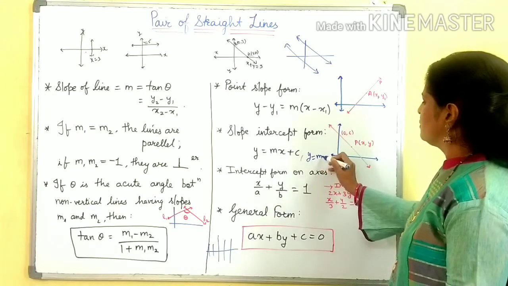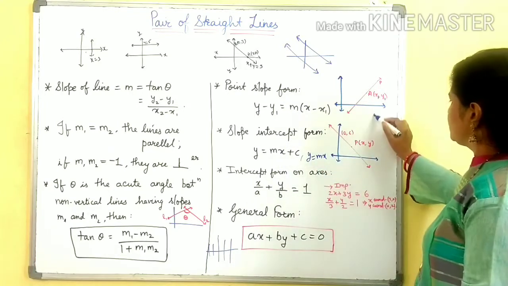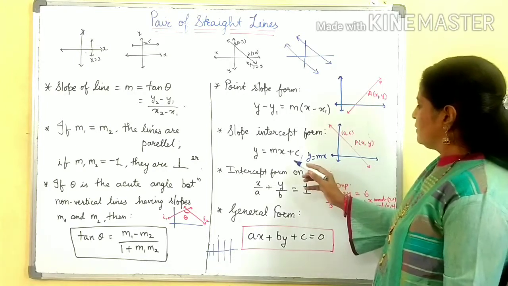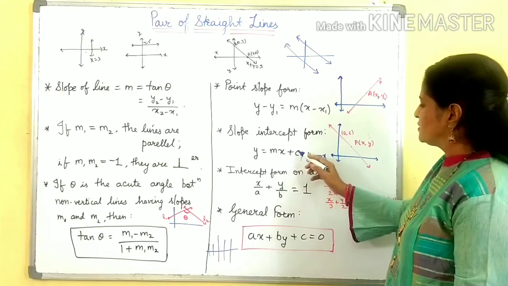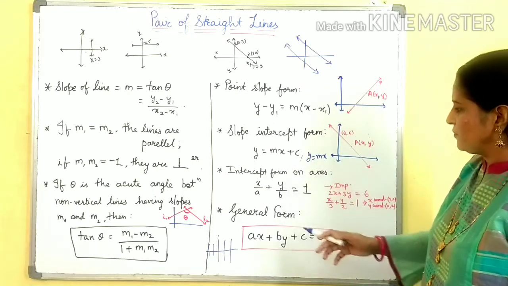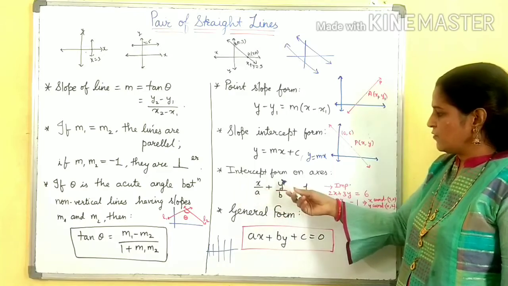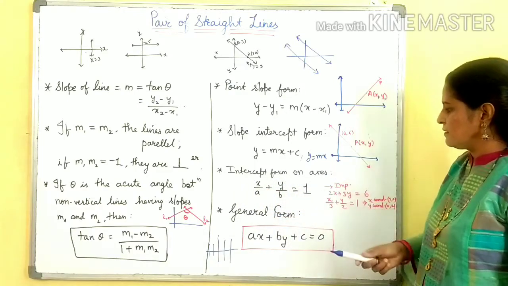Again there is one equation, y is equal to mx, which means the c term is equal to 0. The next important form is the intercept form on the axes.